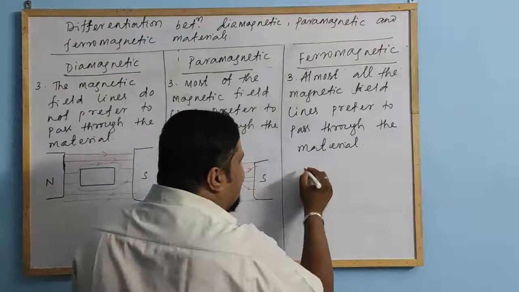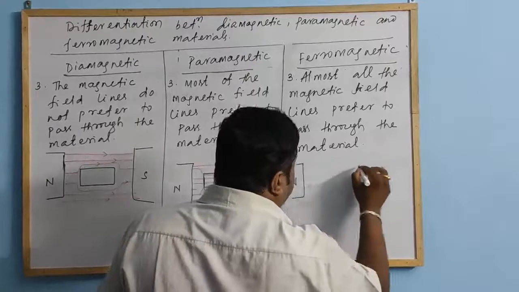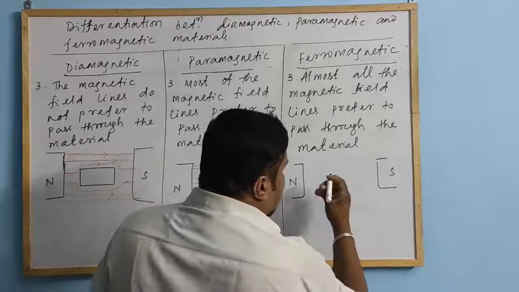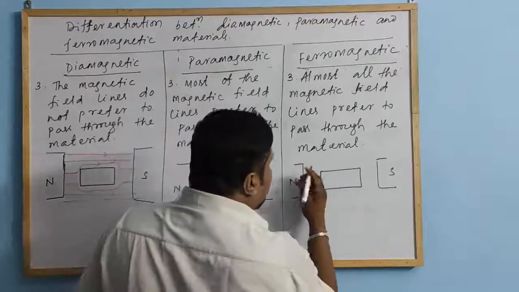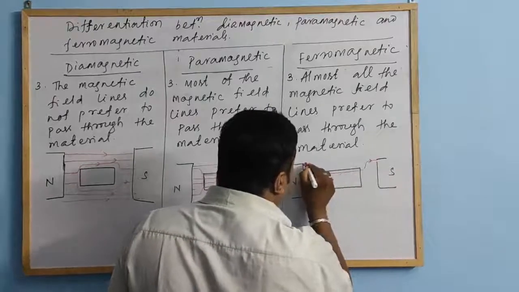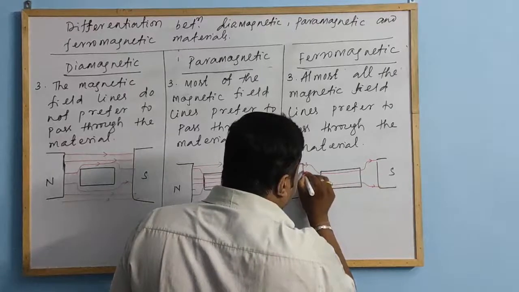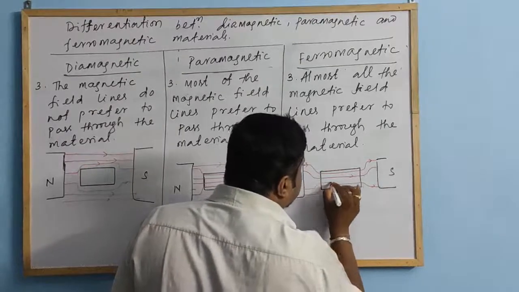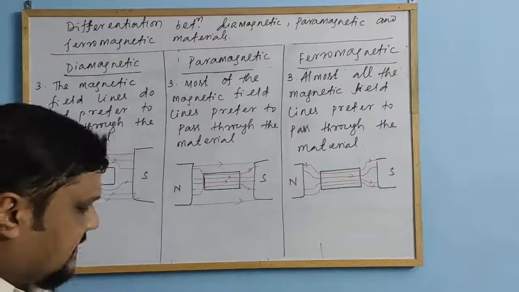But in case of ferromagnetic material, if I draw this for ferromagnetic material, almost all the lines of force pass through the ferromagnetic material.